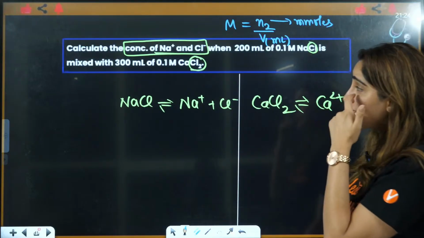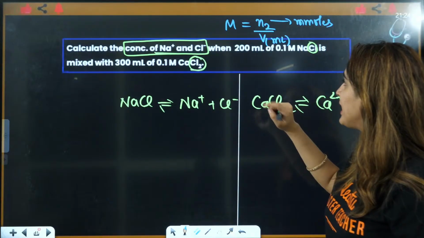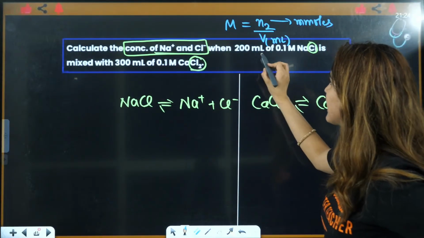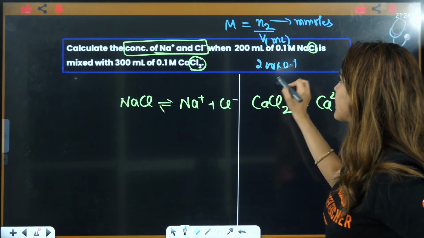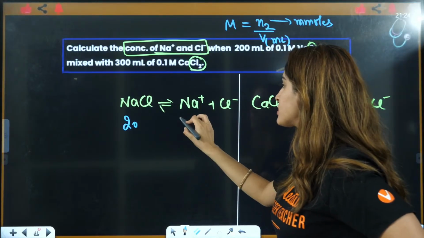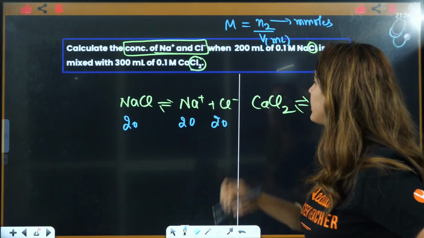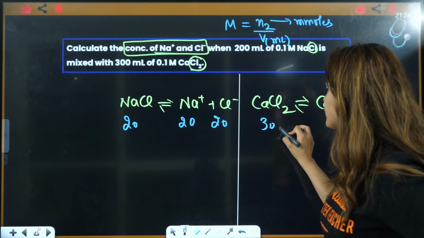So can I firstly calculate the millimoles here? 200 multiplied by 0.1, that means NaCl will have 20 millimoles. CaCl2 will be 30 millimoles, right?